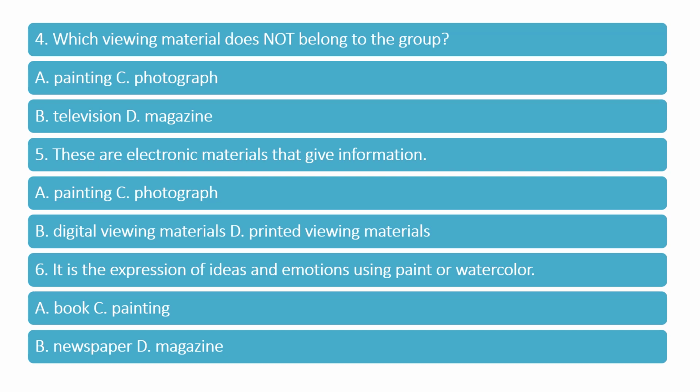Number 5, these are electronic materials that give information. A, painting. C, photograph. B, digital viewing materials. D, printed viewing materials. What do you think is the answer? The answer is letter B, digital viewing materials. Number 6, it is the expression of ideas and emotions using paint or watercolor.